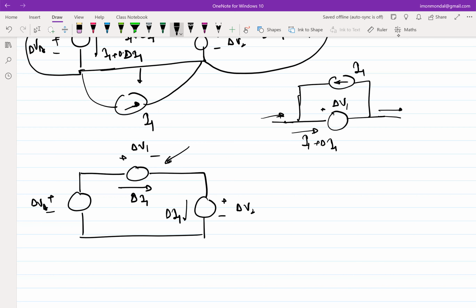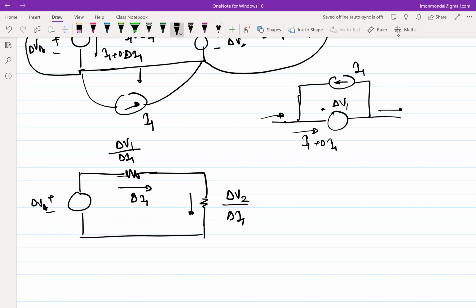So I have to replace it with a resistor of value delta V1 by delta I1. Similarly, I have to replace this one with a resistor of value delta V2 by delta I1, right? One second now. So if you do this, you preserve the voltage drops across each of these elements, right?